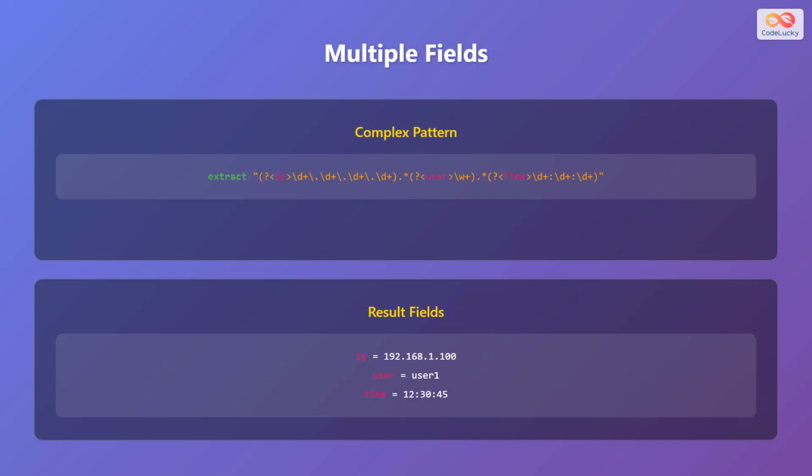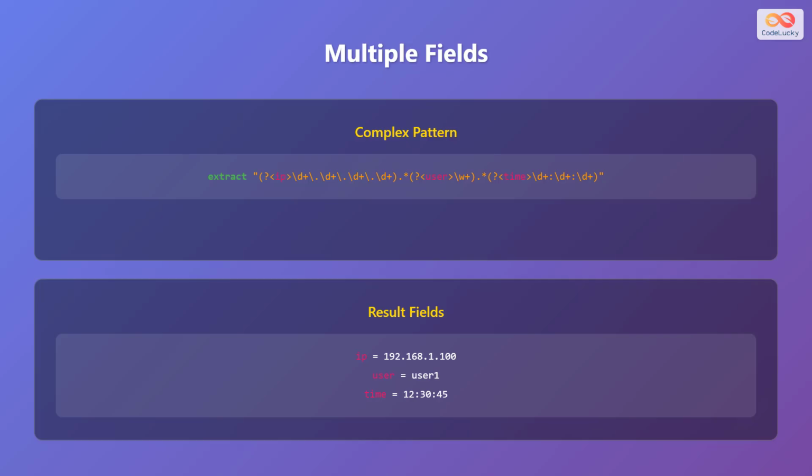The extract command becomes even more powerful when extracting multiple fields simultaneously from a single data source. Using a complex regular expression pattern, you can capture multiple named groups in one operation. For our web server log example, the pattern <IP>\d+\.\d+\.\d+\.\d+ <user>\w+ <time>\d+:\d+:\d+ extracts 3 different fields.